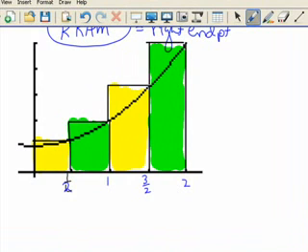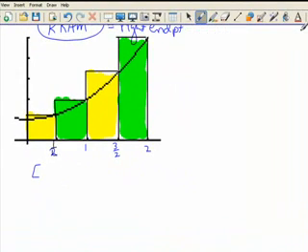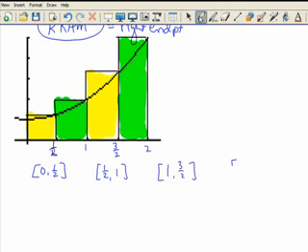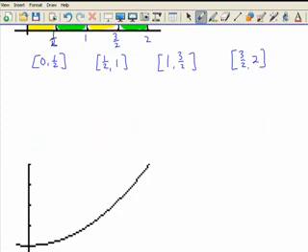let me just go through and give you those numbers. The interval from 0 to 1/2. Then we've got an interval from 1/2 to 1. We've got an interval from 1 to 3/2. And we've got an interval from 3/2 to 2.